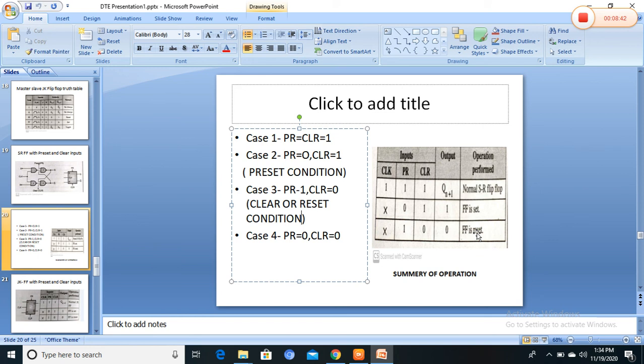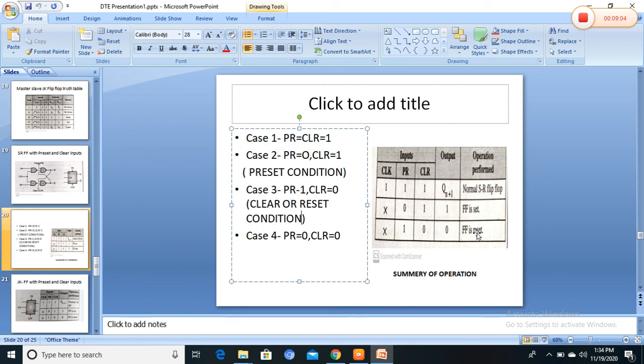In some applications, it is necessary to set or reset the flip-flop precisely in the initial state. This can be achieved by adding two more inputs, called the preset and clear inputs. So in the initial stage we get the output as set, and later we get the reset.